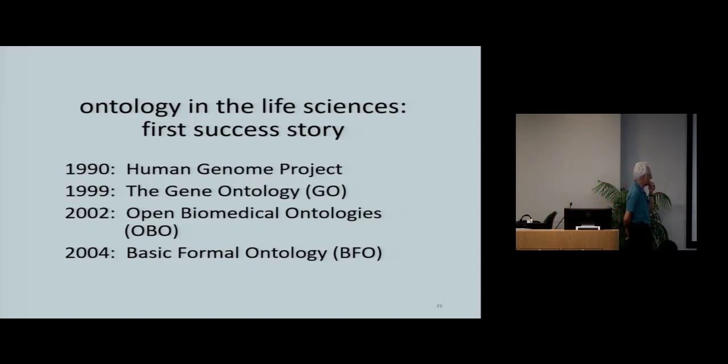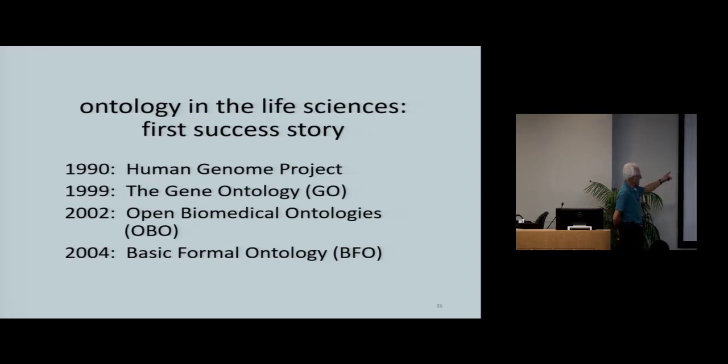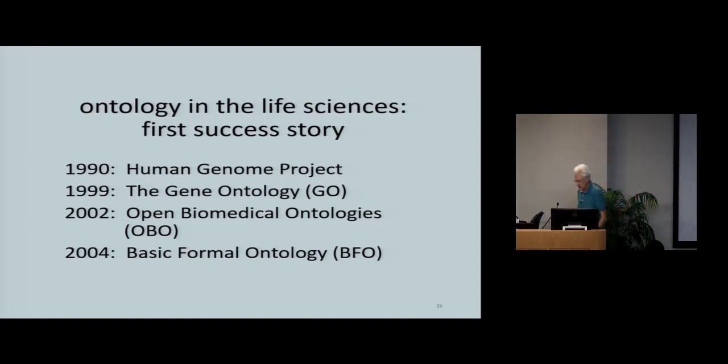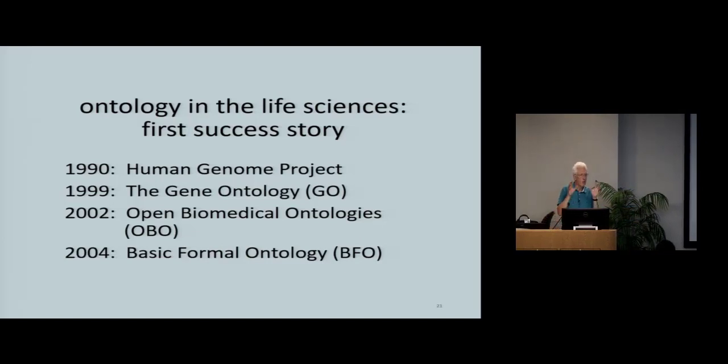to a significant degree. In 1999, a group of leaders of these model organism communities. A model organism is an organism used as a model for a human. So if you want to study human muscle development, do experiments on how muscles develop in humans, you can't do anything to examine the muscle being developed in the embryo, for instance, but you can do that with a mouse.